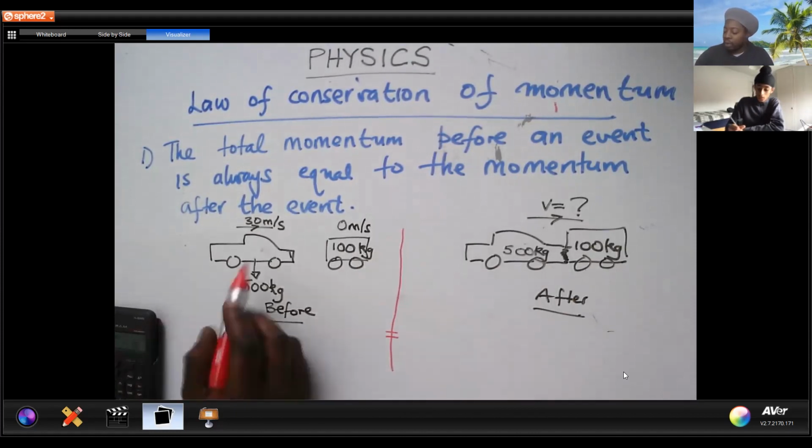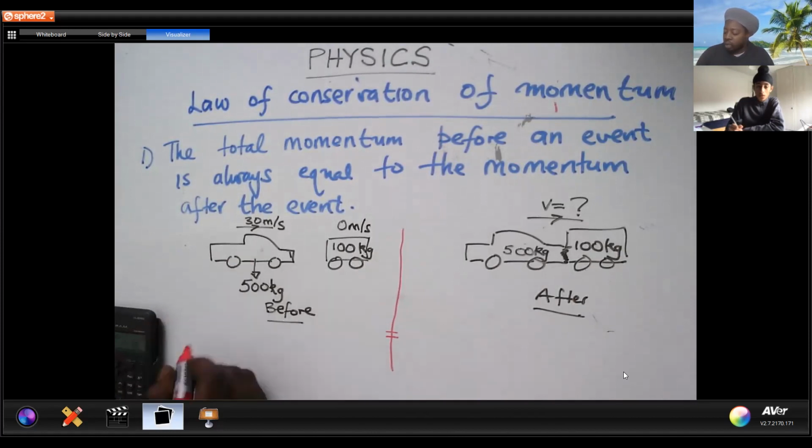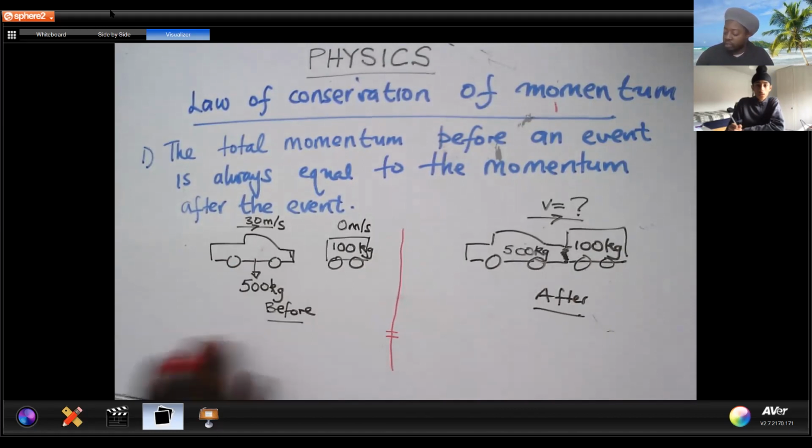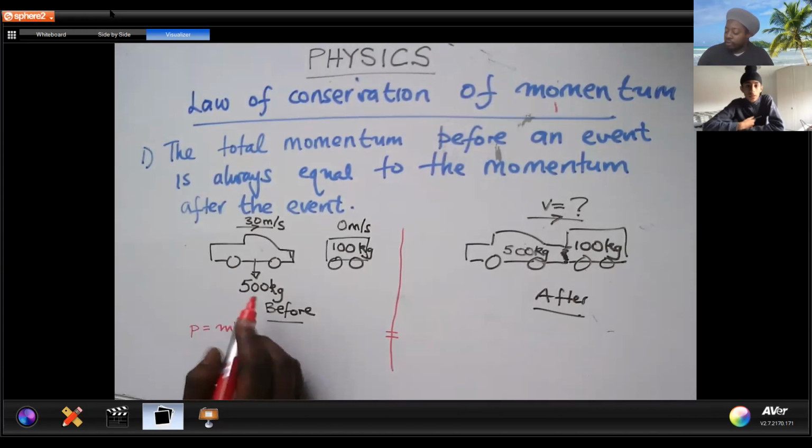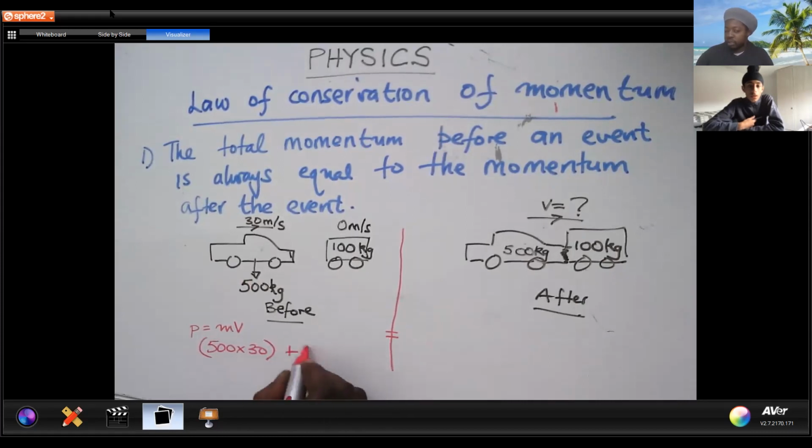So before, when I've got my car, if I write my formula here, P is mv, so 500 times 30 plus the momentum of that, which is 100 times 0.